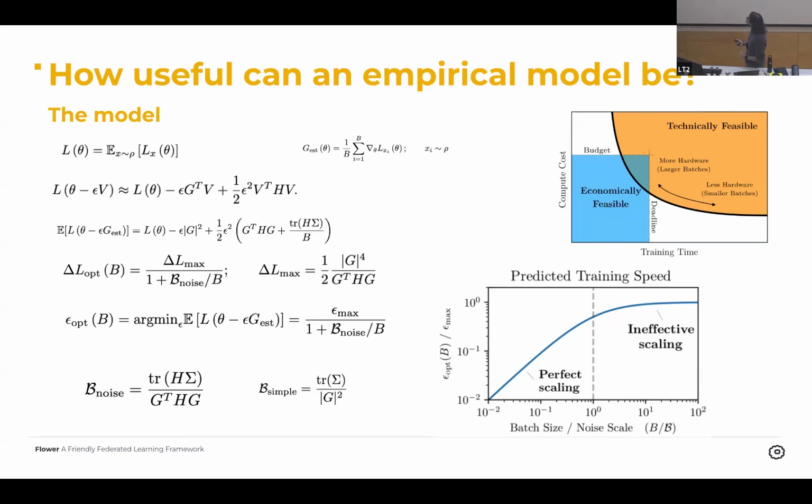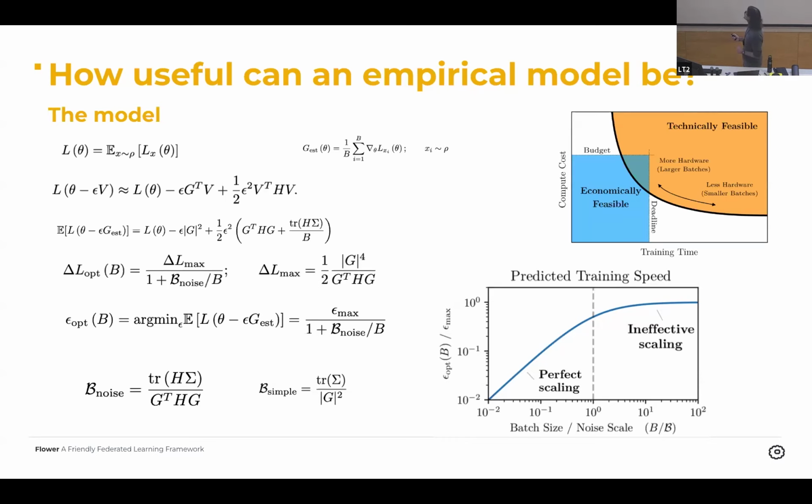In the plot below, instead, we have a more quantitative explanation of the influence of this noise scale. As you can see, whenever the ratio here is below some critical value, that is exactly 1, so whenever our batch size has the same or lower value compared to the B noise, we have a perfect scaling in the steps that we can take in this loss landscape.